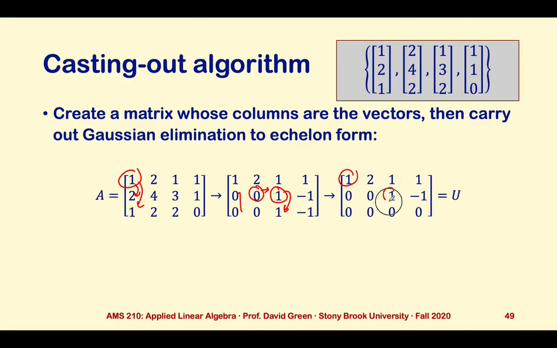We have two pivots. We are in our echelon form. When we're simply trying to find a basis using the casting out algorithm, there is no benefit to continuing on to the reduced row echelon form, so we can simply stop here.